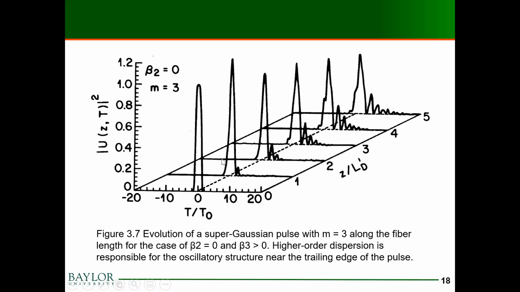You can tell this tail has the oscillation. The depth of the oscillation is very deep, to 0. Once you propagate up to 5 LD, it has very strong oscillation on one side of the pulse.